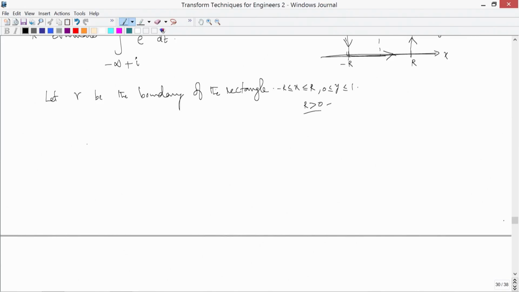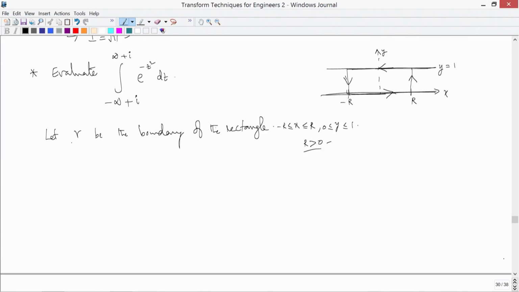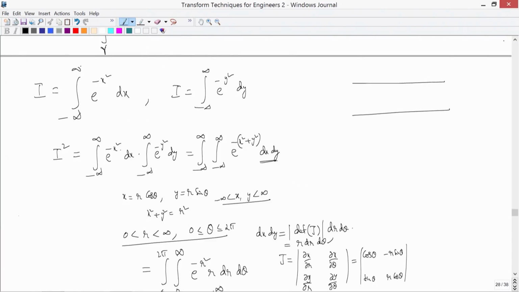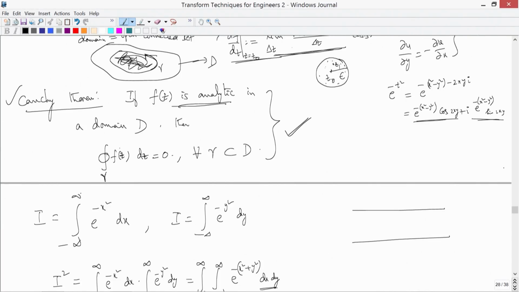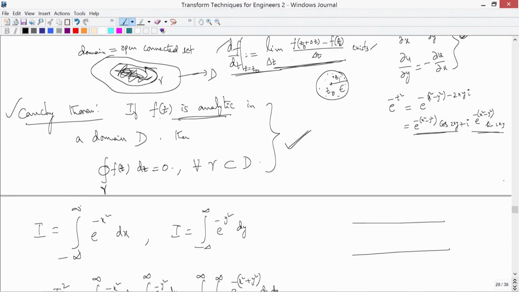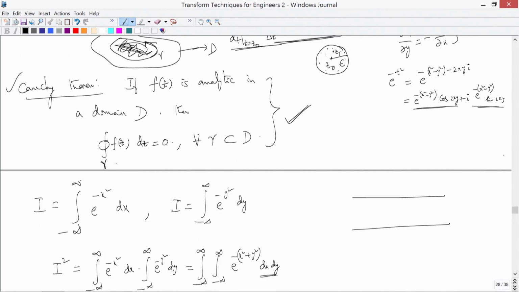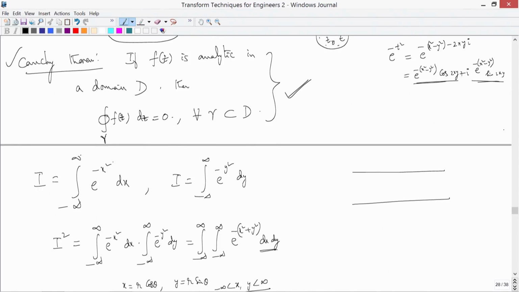If you choose like that, then by Cauchy theorem, which I explained without proof, and I am not going to give you a complex function theory course, Cauchy theorem tells you that if your function f of z is analytic inside some domain, then the integral of the function over any closed contour inside the domain has to be 0.